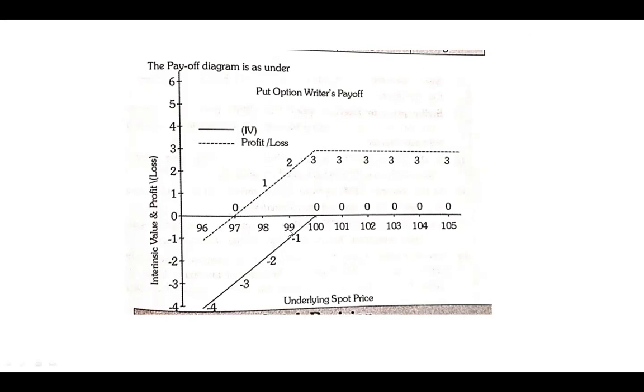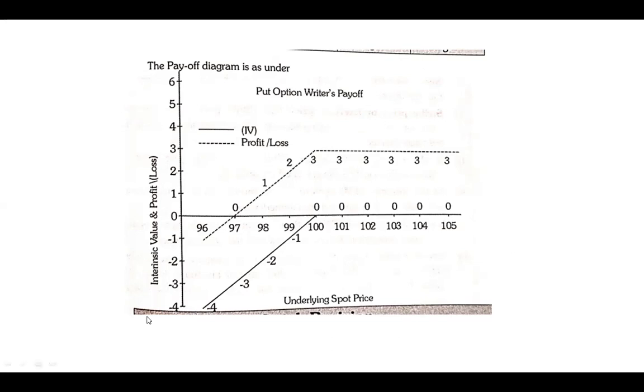So whenever the spot prices are falling, in that case, he will make a loss of -1, -2, -3, -4. When the prices on the spot markets are falling, in that case, the seller of put will get a loss of -1, -2, -3, and -4.